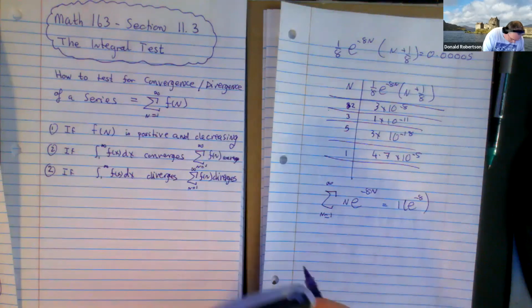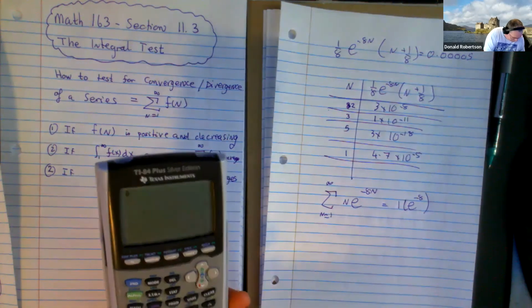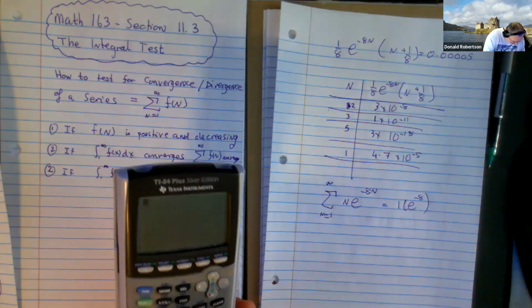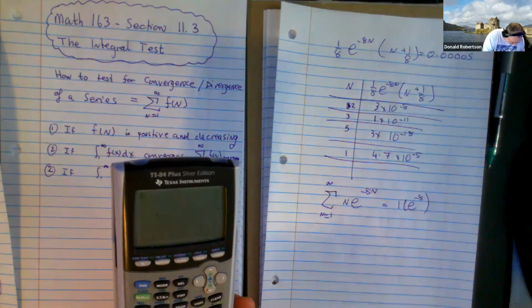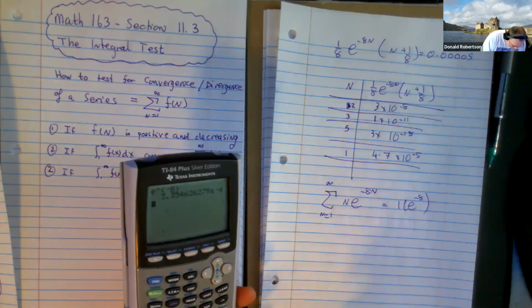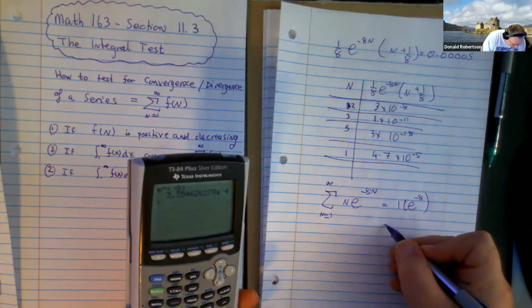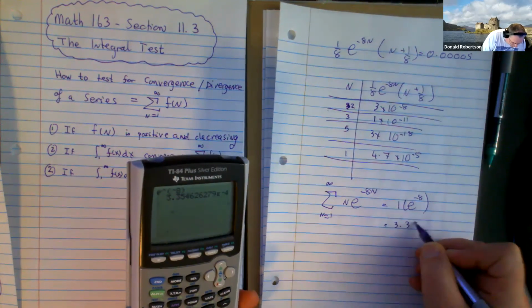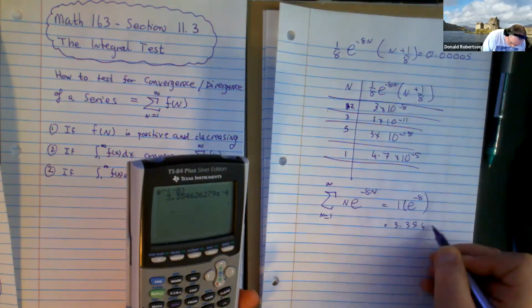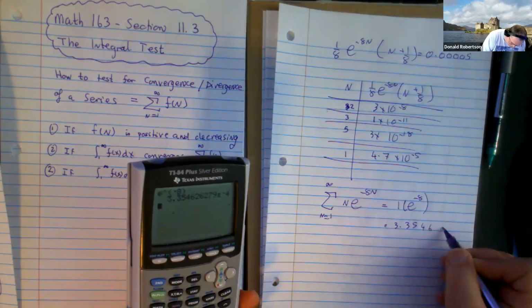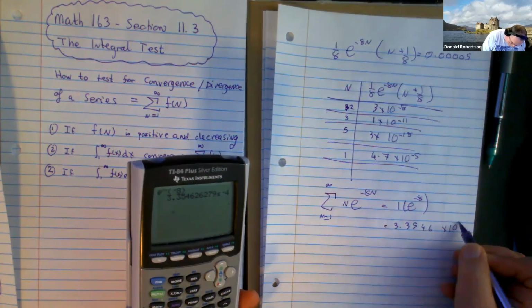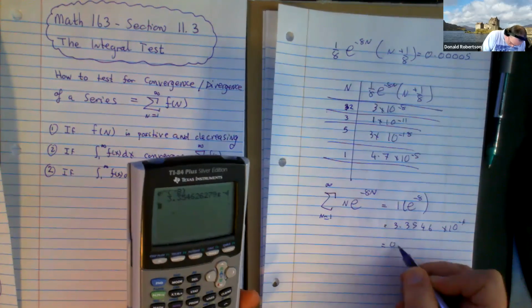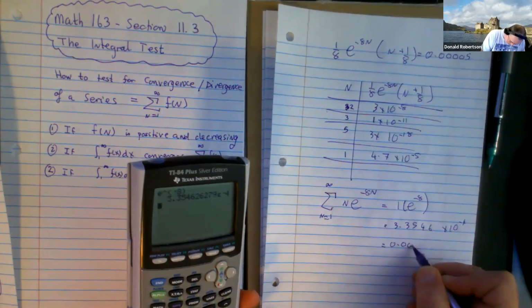So e to the negative 8. The answer you get is 3.3546 and some stuff times 10 to the negative 4, which is 0.1234335.